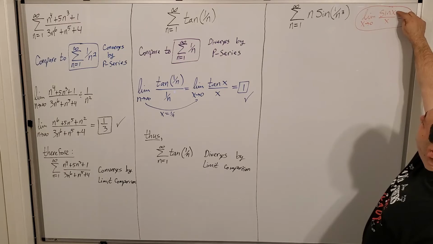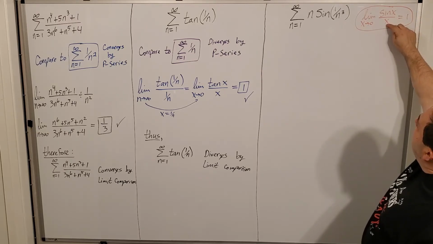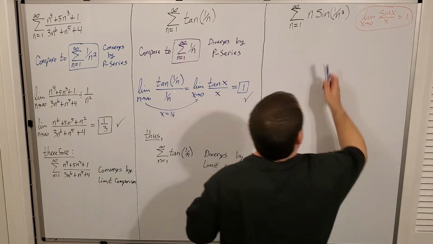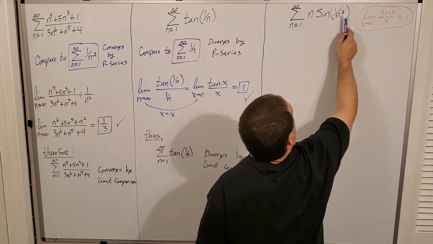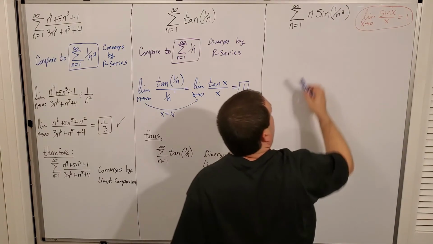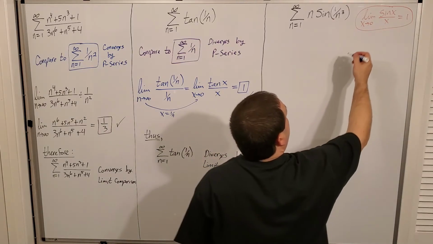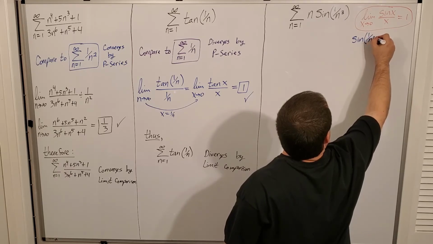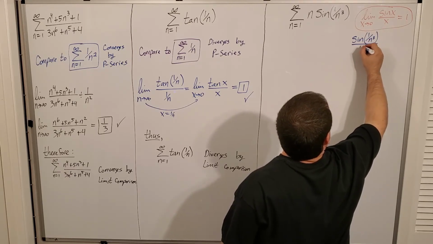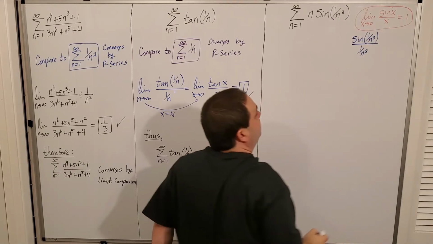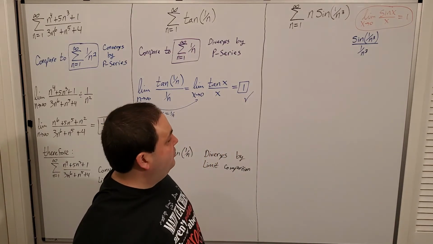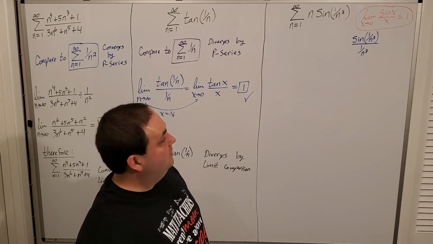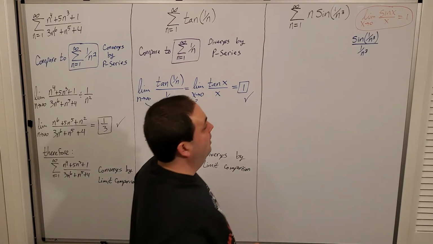Whatever's inside of the parentheses needs to be what's also in the denominator. Okay? So notice I have a 1 over n cubed in the parentheses. So I really want this to happen. I want this, sine of 1 over n cubed over 1 over n cubed. Whatever I compare it to had better make that happen inside of the limit. That's what I want to happen.